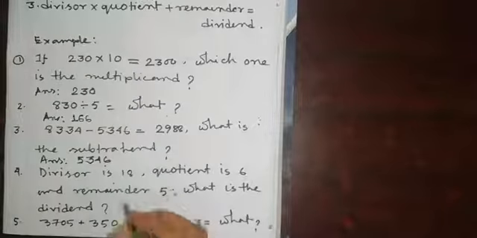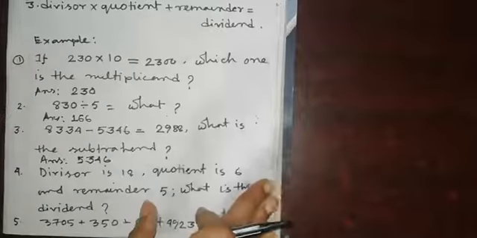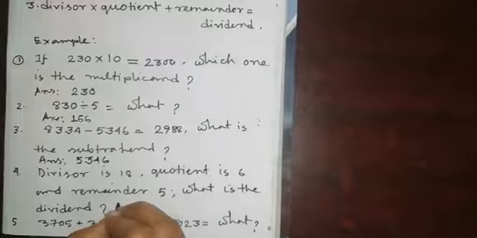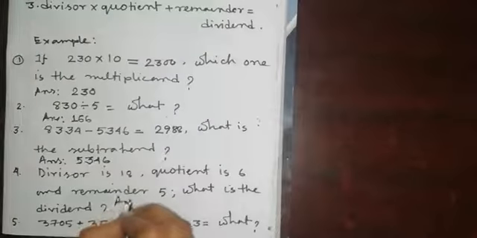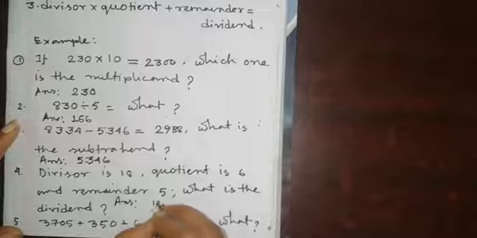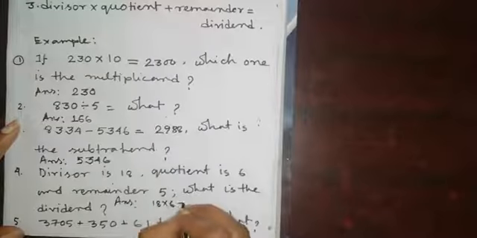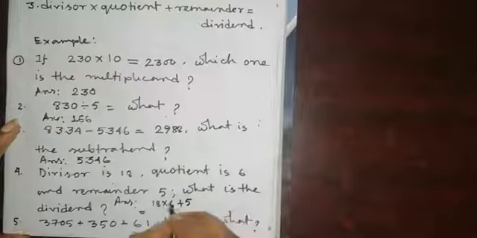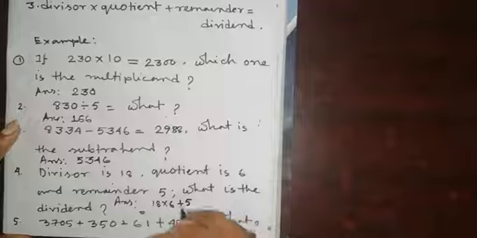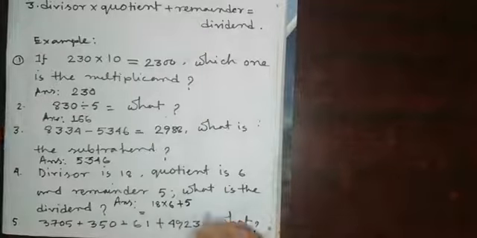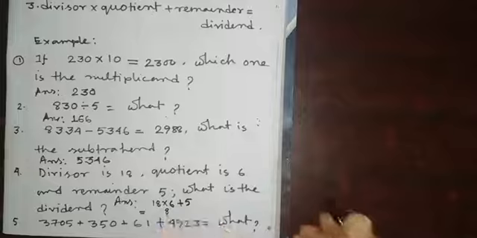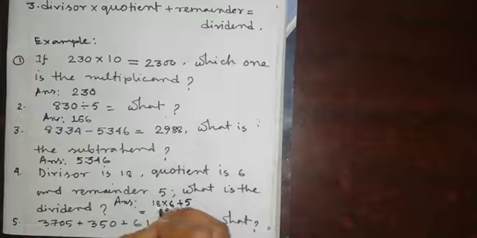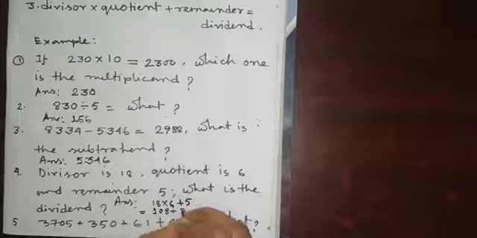So what is the dividend? How can we find out? You can do this as rough work. 18 into quotient 6 plus remainder 5. 6 8s are 48, that means 8, and we carry 4. 6 1s are 6, and 6 and 4 is 10, plus 5.